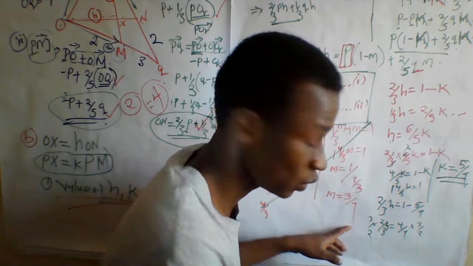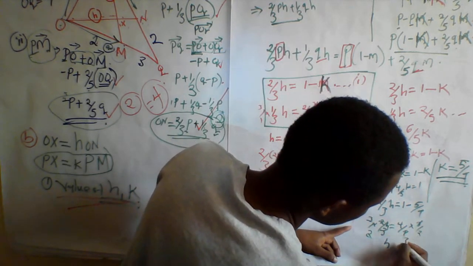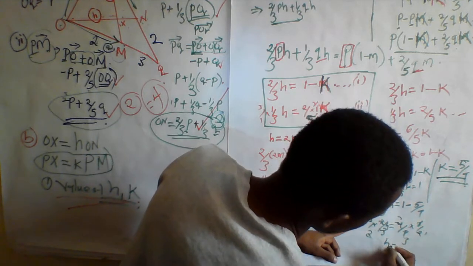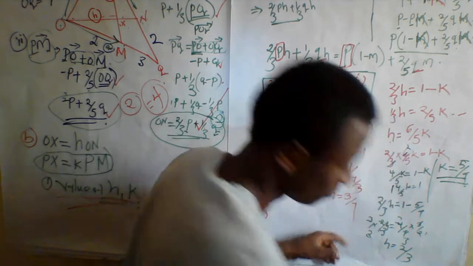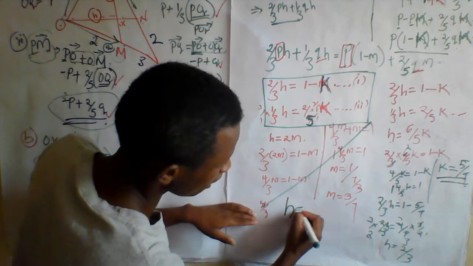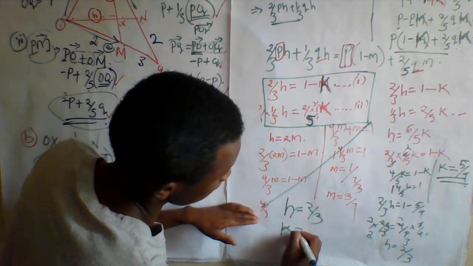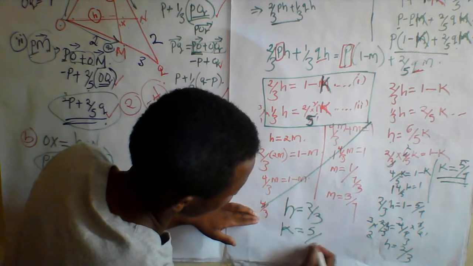That is the simplest way you can show. So your h will be 2 over 3, simple. You have already your h now as 2 over 3 and your k as 5 over 9.